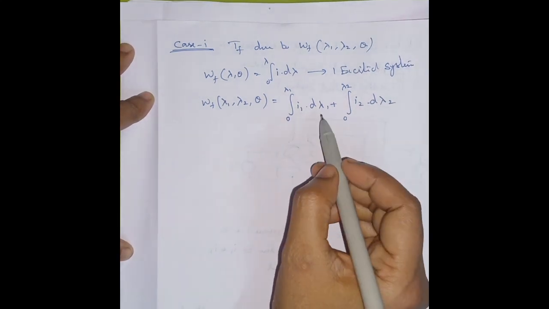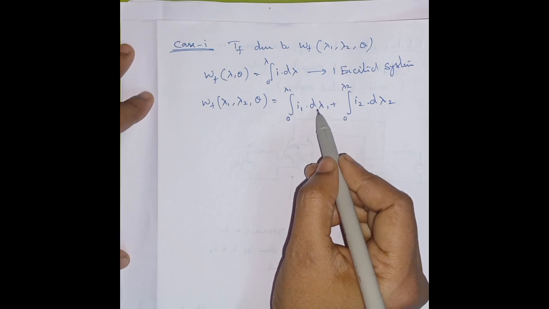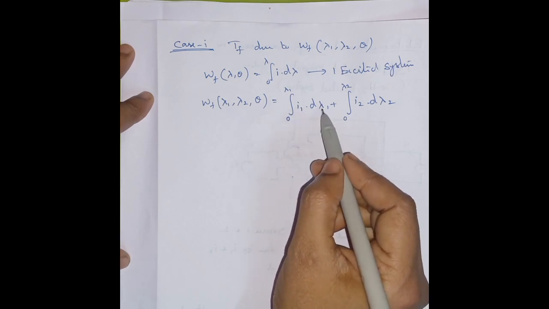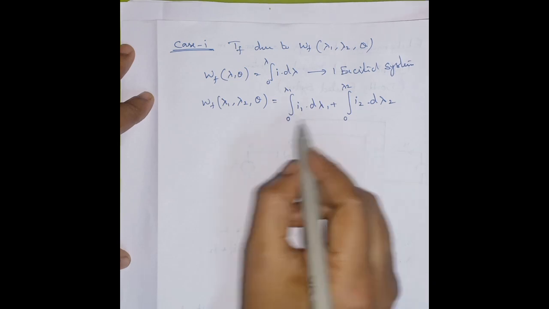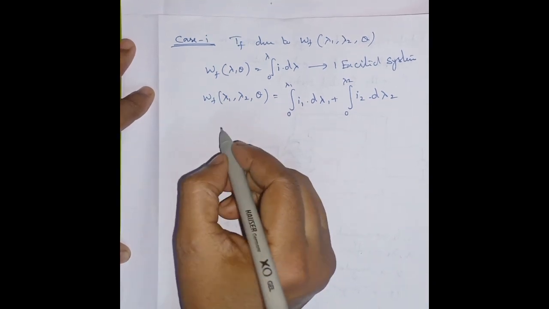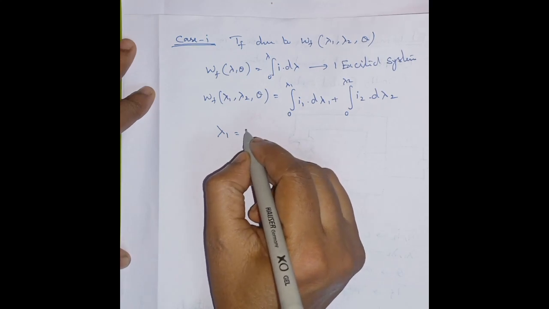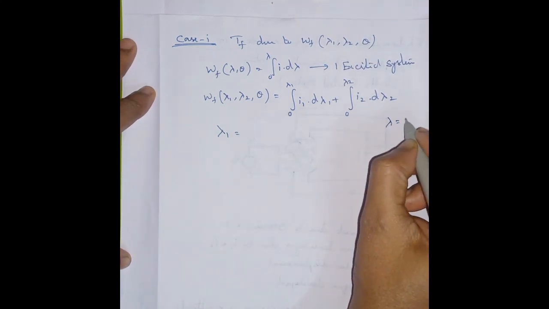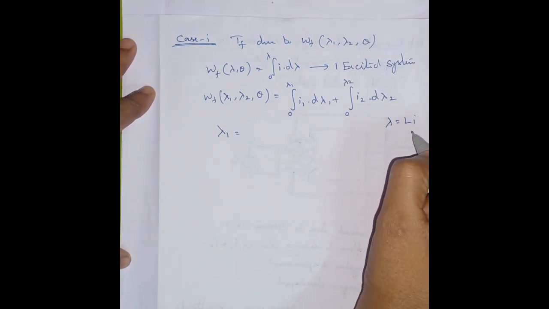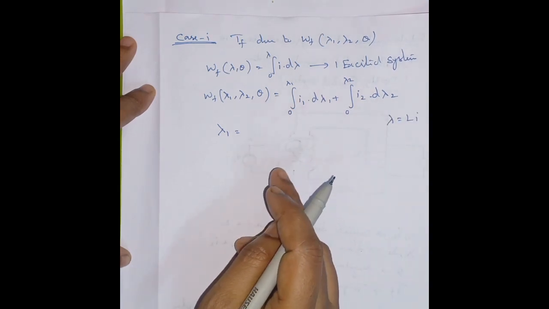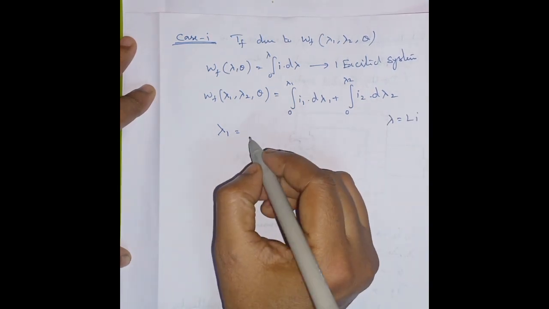And we cannot directly integrate this, because I1 is a function of flux linkage. So first we'll write the flux linkage. Flux linkage lambda 1 is, we know lambda is equal to Li. It is a self inductance. Since there are two fluxes here, we have the concept of self inductance as well as mutual inductance, correct?